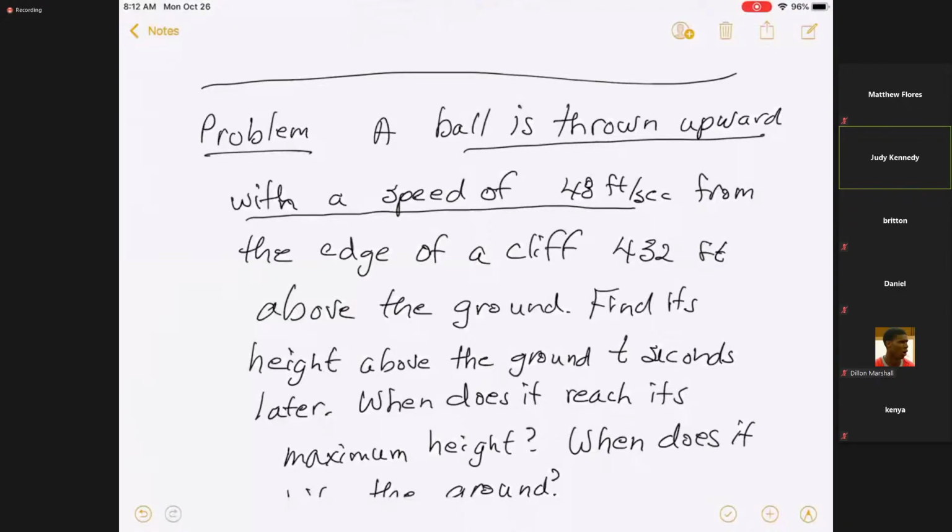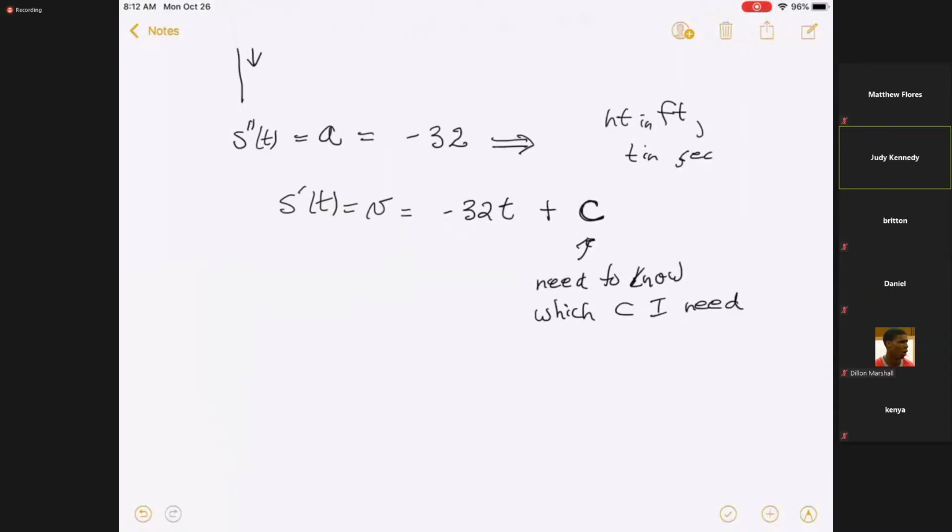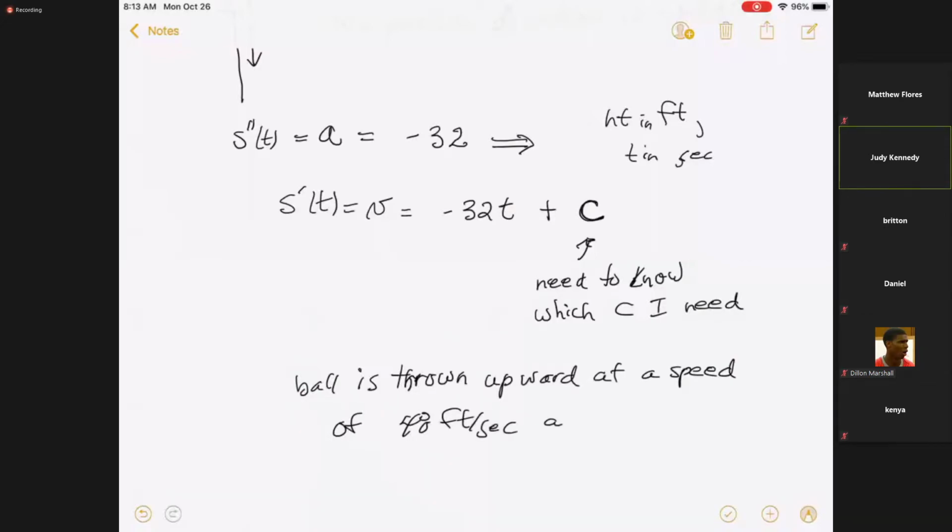So that's your velocity when the problem starts, at time 0.